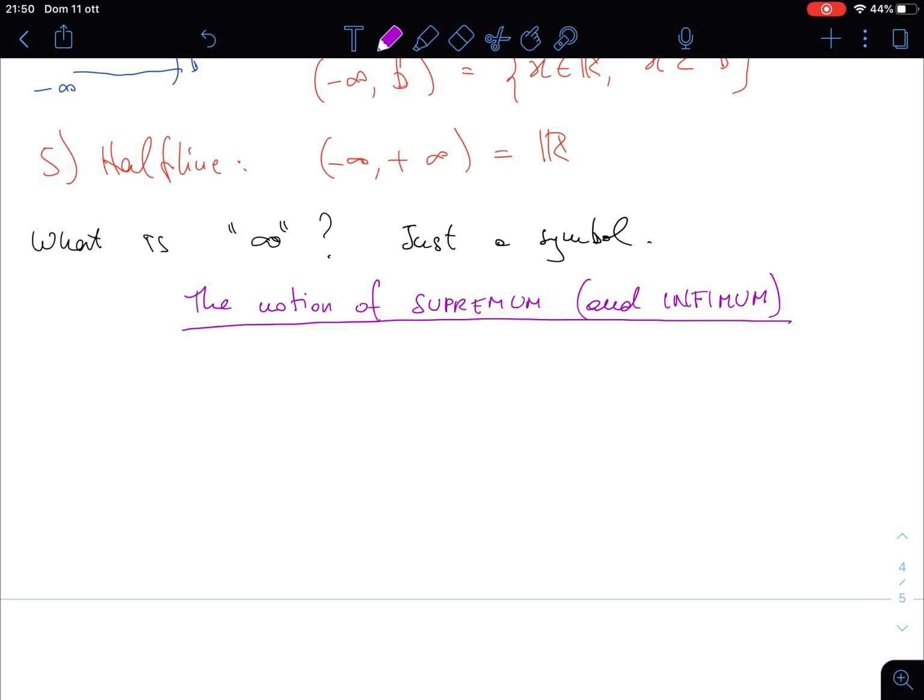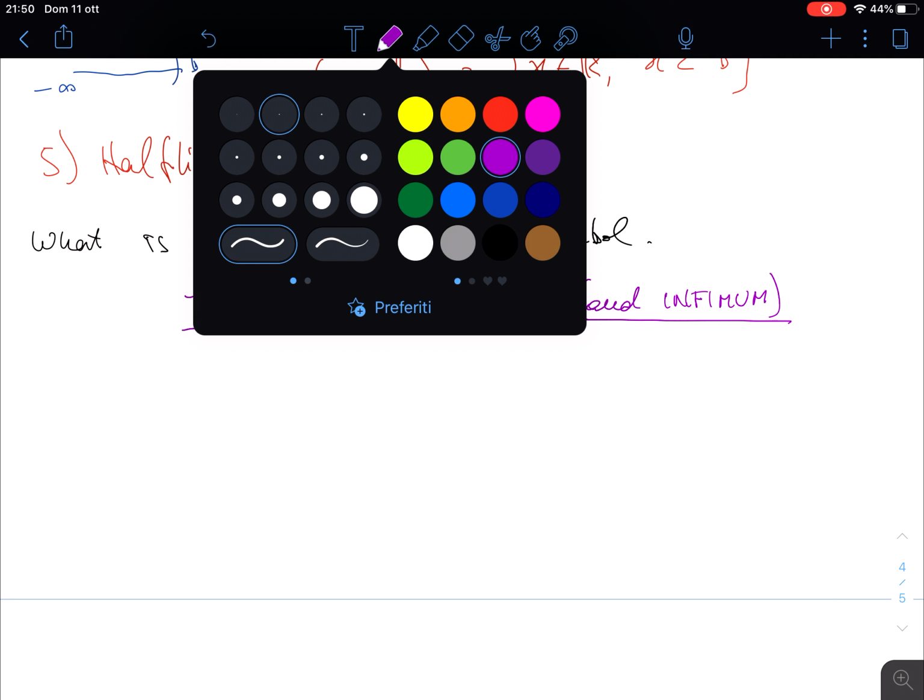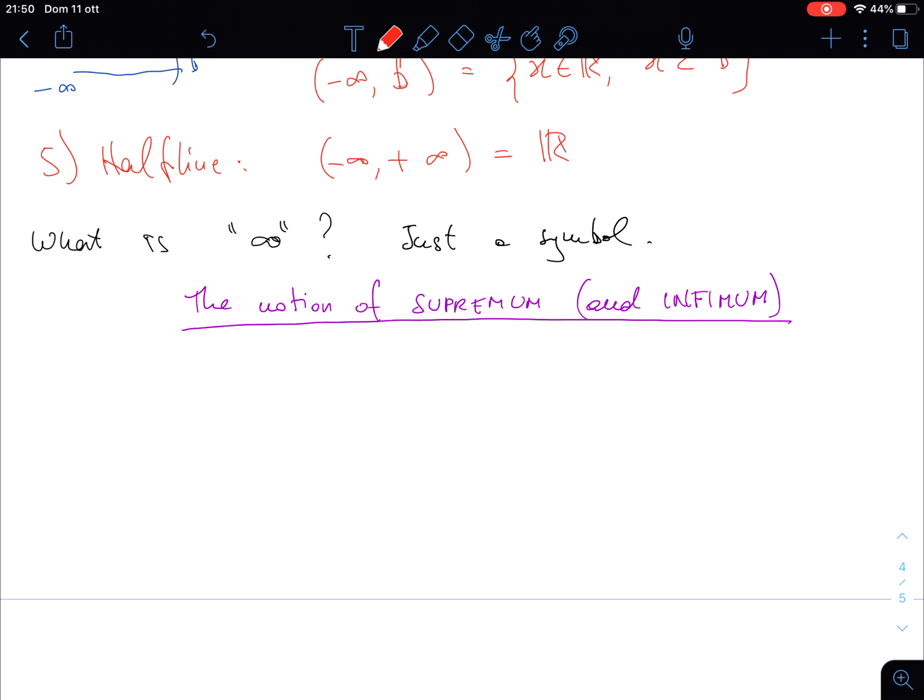So the first notion is the notion of upper bound. We start from the notion of upper bound. So the definition is the following.